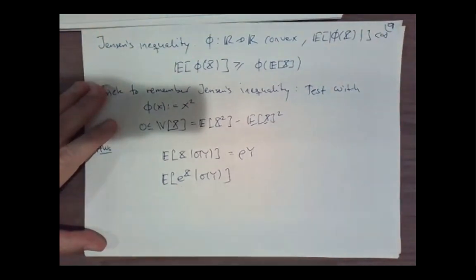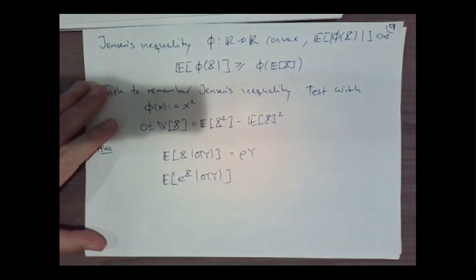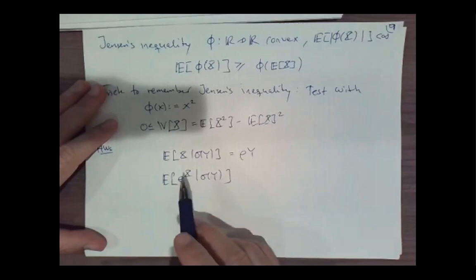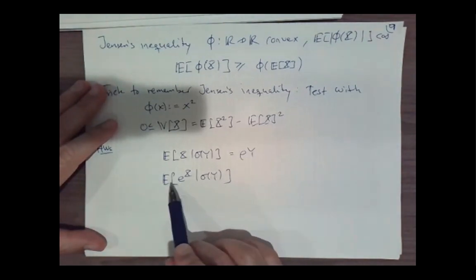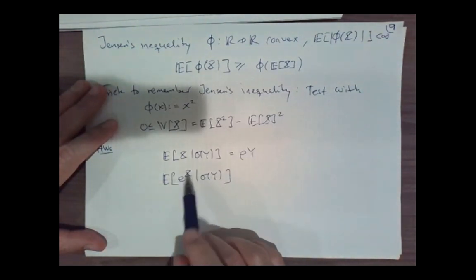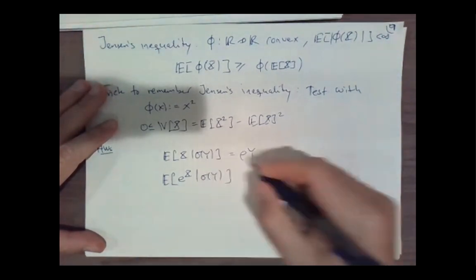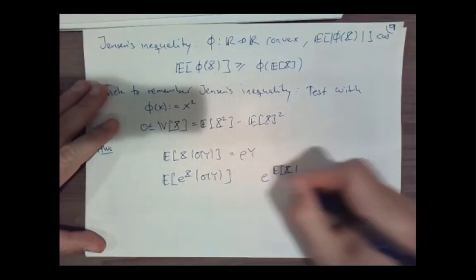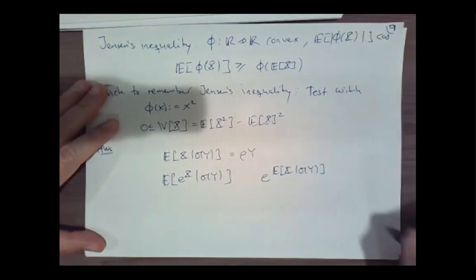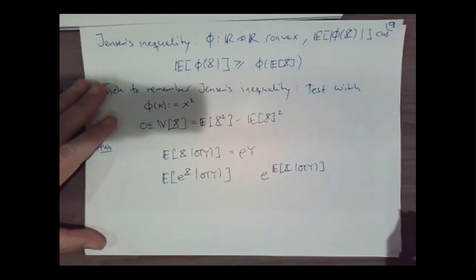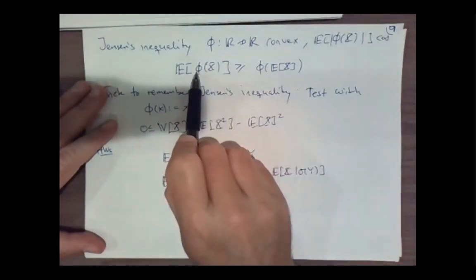but you see here there's an exponential function, and the exponential function is also going to be convex. So here I have the exponential function inside. If we pull the exponential function outside, I'll get e to the conditional expectation of x given y. Then I'll use that I'm biggest when I'm inside.